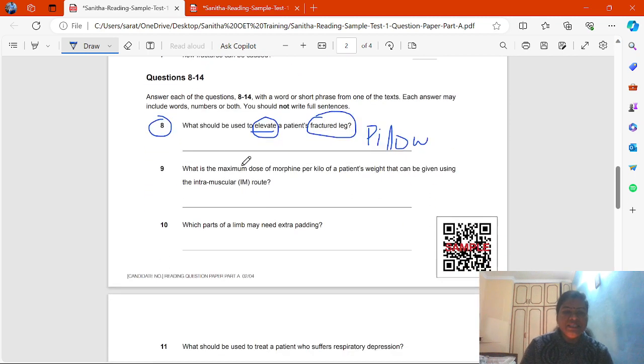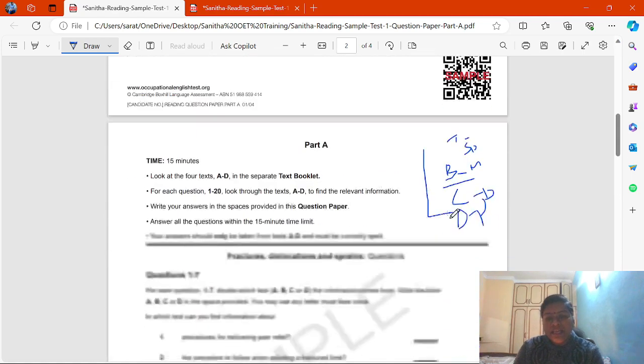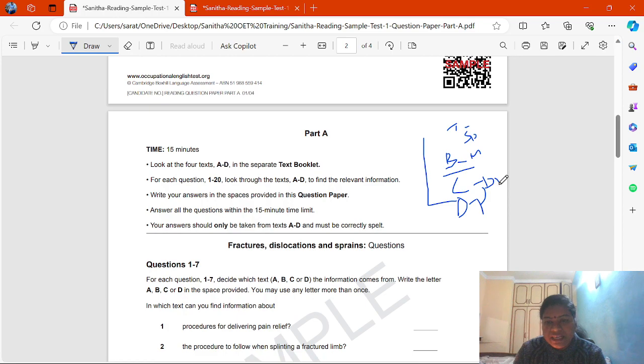Next question. What is the maximum dose of morphine per kilo of a patient's weight that can be given using the intramuscular route? One keyword is maximum dose, another keyword is intramuscular. So where do we have to go? Here we have written C is drug therapy.